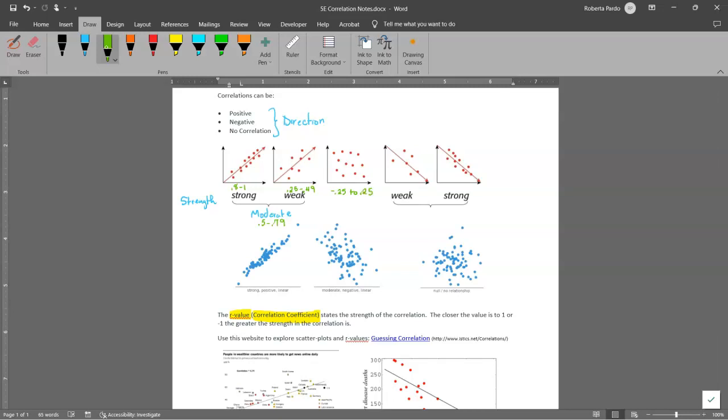somewhere around there. Likewise, if we have a weak correlation that is a negative correlation, those numbers would be somewhere between negative 0.25 to negative 0.49.